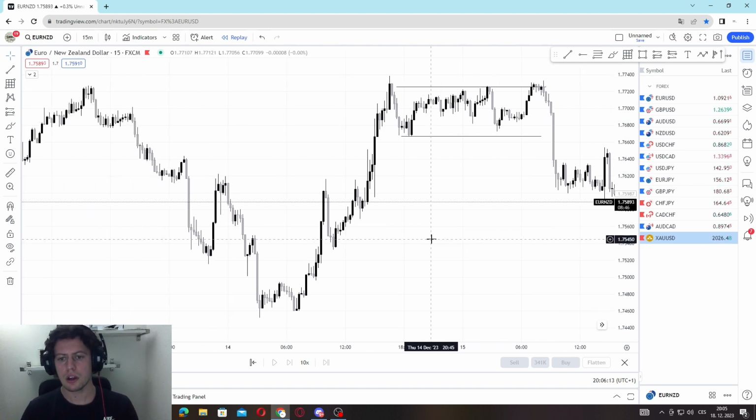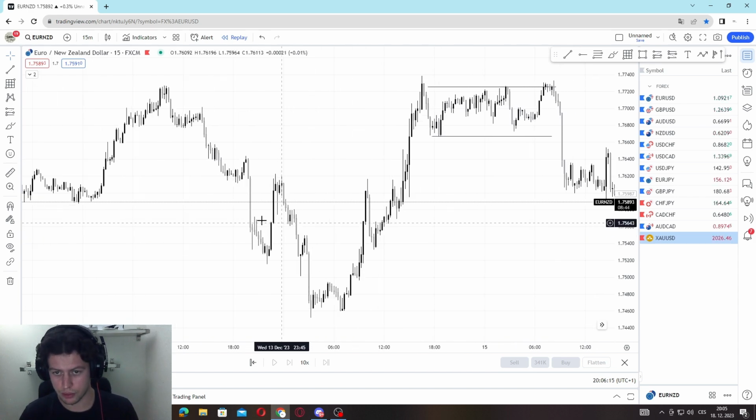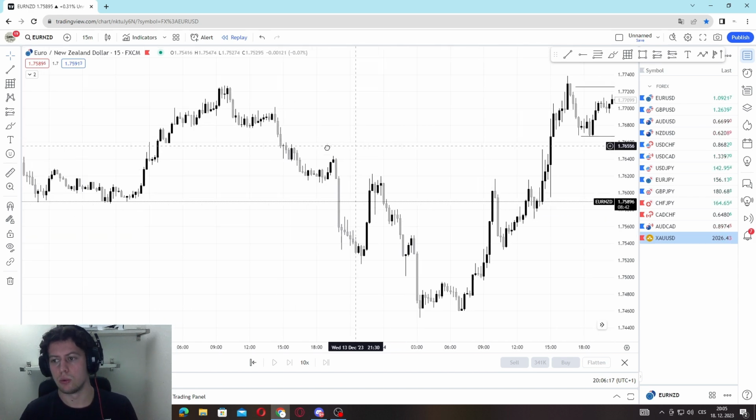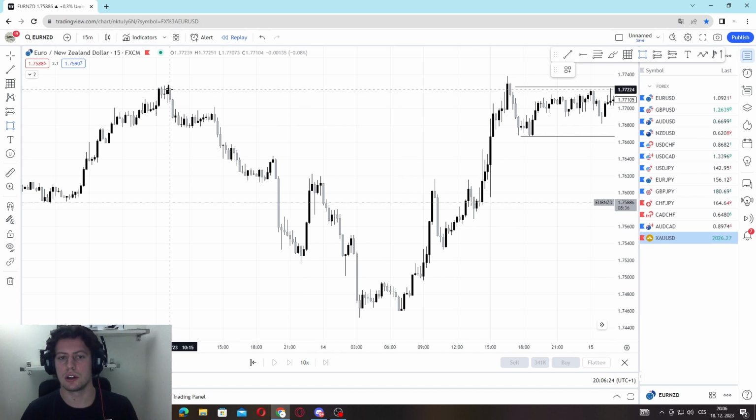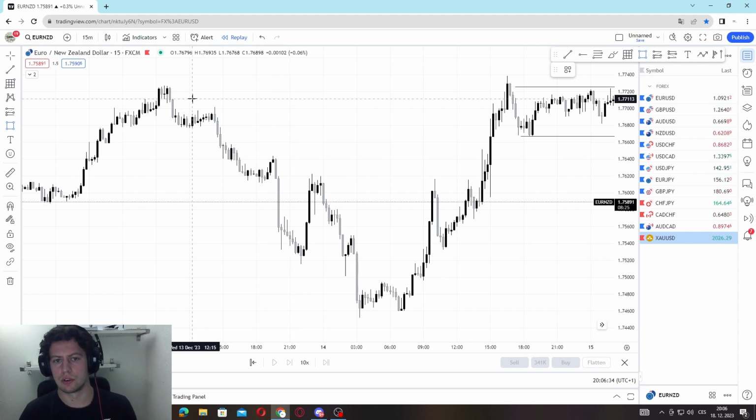So supply demand zone, we are going to use this rectangle tool, and we want to see a big push, a big impulse, within 1, 2, 3 candles. So we have a lot of demand zones here. You can see this push, we have a consolidation, or also this is also a supply zone.